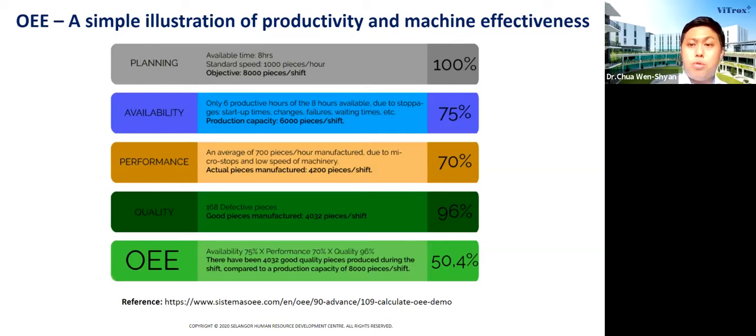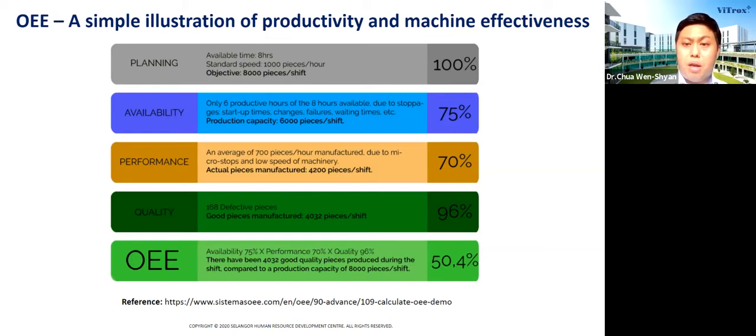Next, you're supposed to produce 1,000 pieces an hour, but in actual fact, you only produce 700 pieces an hour on average. Therefore, you only achieve 70% of what you originally wanted to perform. Last, you actually produce a total of 4,000 parts, but 168 of them are defective. So that's about 96% quality.